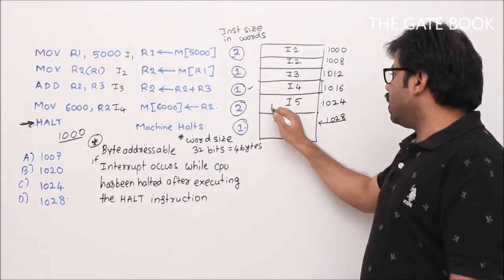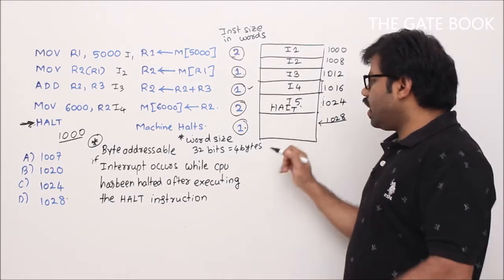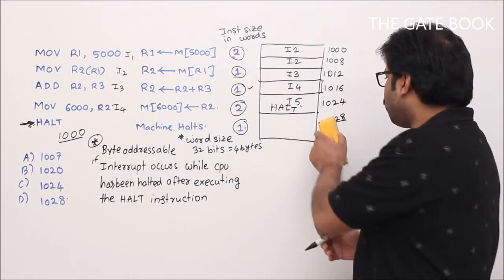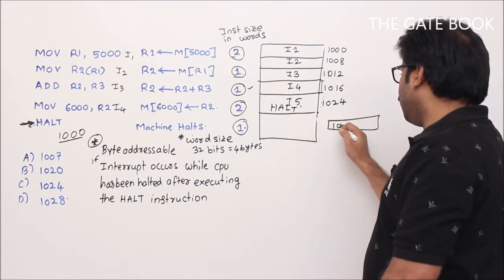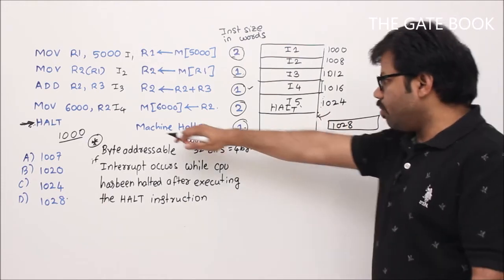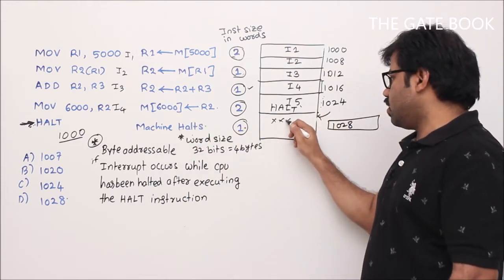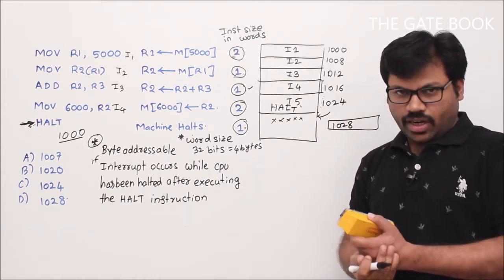Where is the halt instruction? Here. And you have completed the halt instruction. After completing the halt instruction, your program counter contains what? 1028. Agree? Because the next instruction starts at 1028, whatever it is. That is not mentioned in the problem. So your program counter goes to 1028 at that time, right?